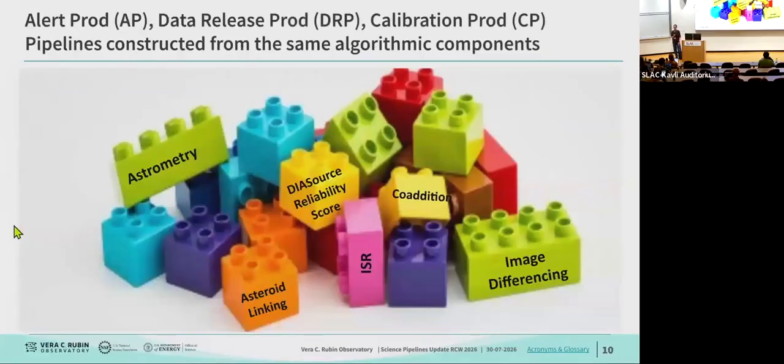The pipelines are constructed of algorithmic tasks. These tasks, you can think of them as building blocks for which we can construct the alert production pipeline and the data release production pipeline. These two pipelines share a lot of the same tasks.